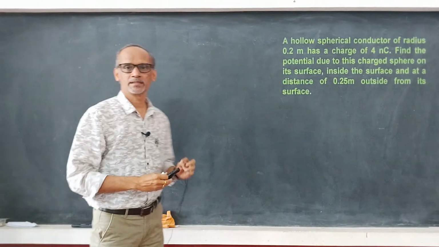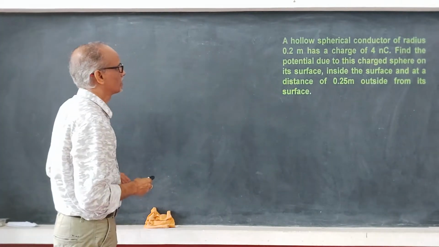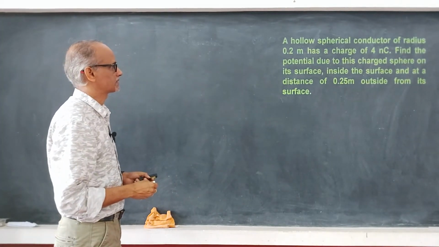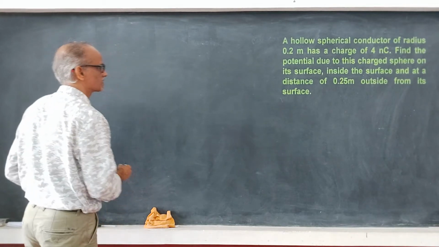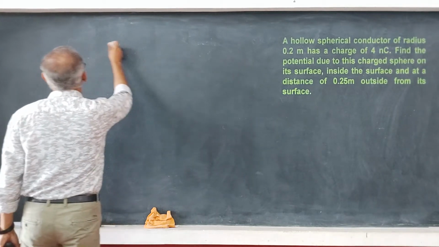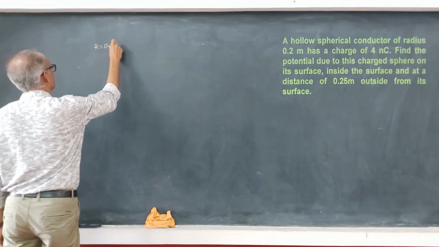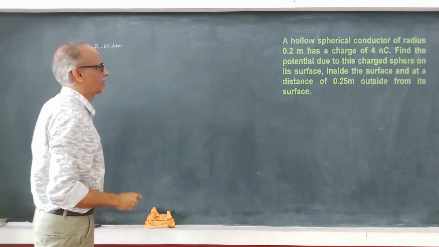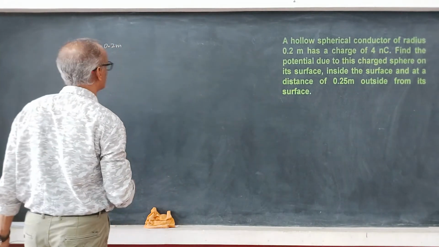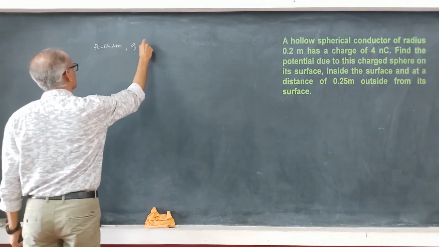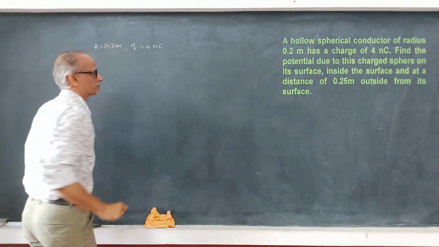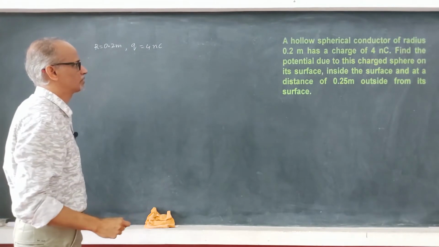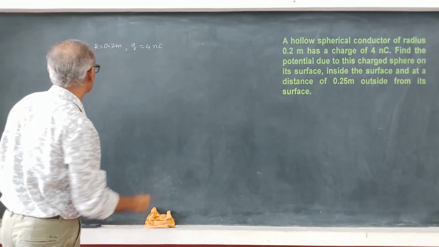The statement goes like this: a hollow spherical conductor of radius 0.2 meter, so radius capital R is given as 0.2 meter, has a charge of 4 nanocoulomb. Find the potential due to this charged sphere on its surface.